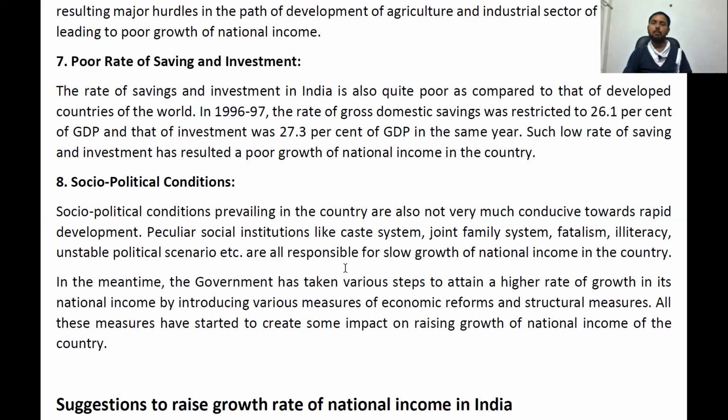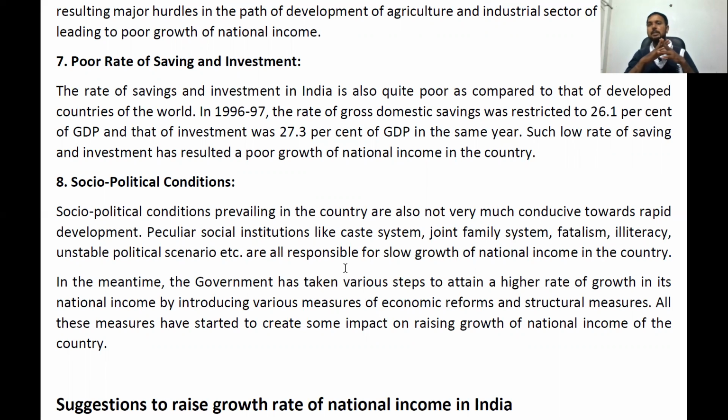So, guys, whatever the social and political conditions are in our country, they are not very favorable for a high growth rate of national income, because the political parties and the political situation often change, and also society in our country has developed according to caste, based on different cultures.